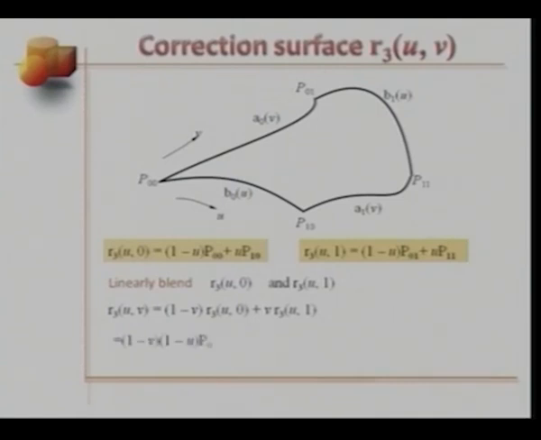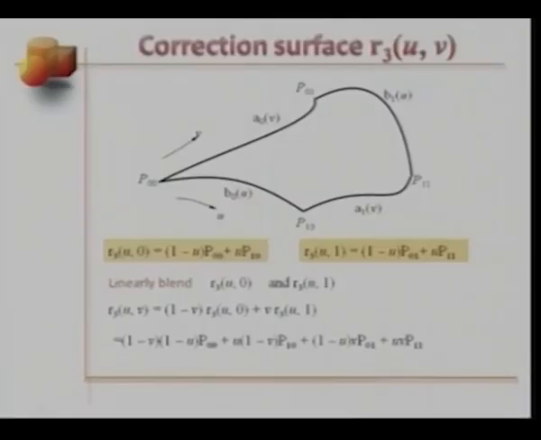That is equal to 1 minus V times 1 minus U times P00 plus U times 1 minus V times P10 plus 1 minus U V P01 plus UV P11.